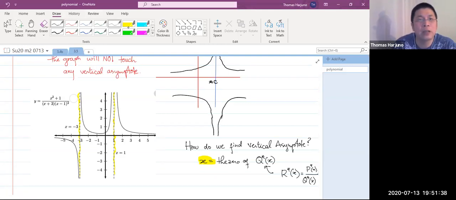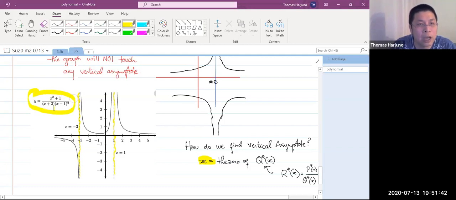Now, you can see from this example here, from the graph I quoted, notice that I cannot simplify that further. So Q star and Q will be the same. Basically, we just look at the denominator, right? Then we say the vertical asymptotes are x plus 3 equals 0, meaning x equals -3, and x minus 1 equals 0, x equals 1.